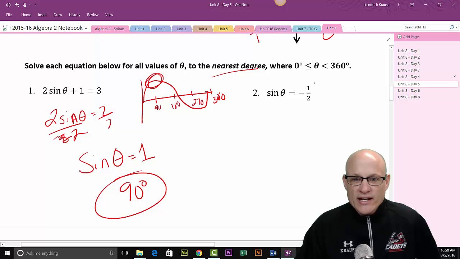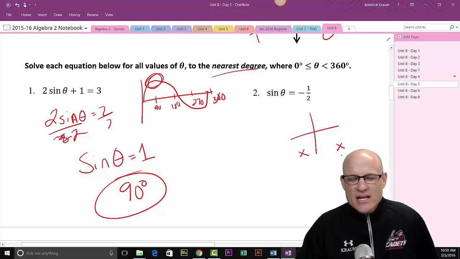Wait a second. Where does sine equal negative 1/2? Well, that means sine is negative. That means we've got to be in this quadrant and this quadrant. I want to think about the reference angle. The reference angle is 30. So theta is 30 degrees, but I am in the third quadrant.